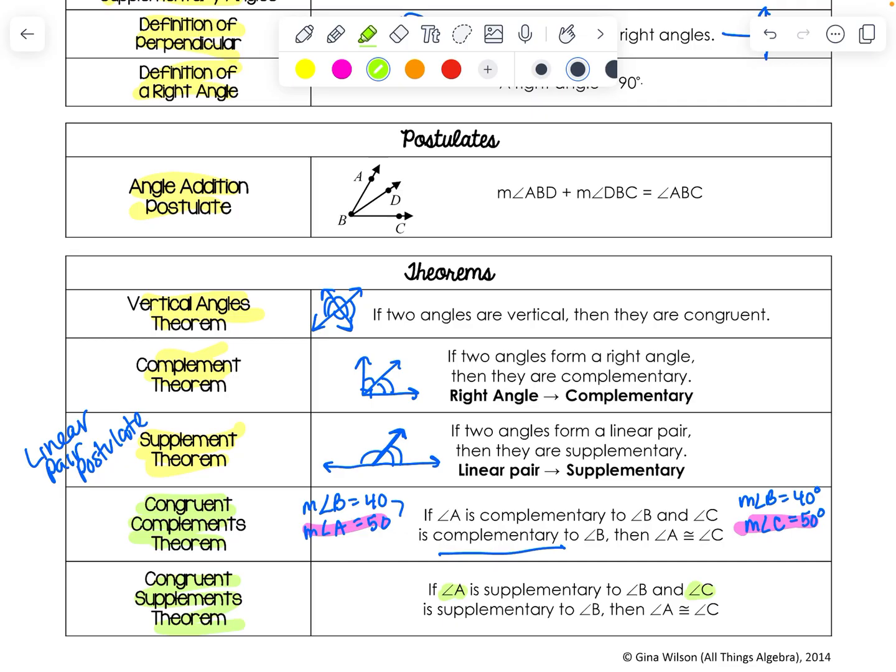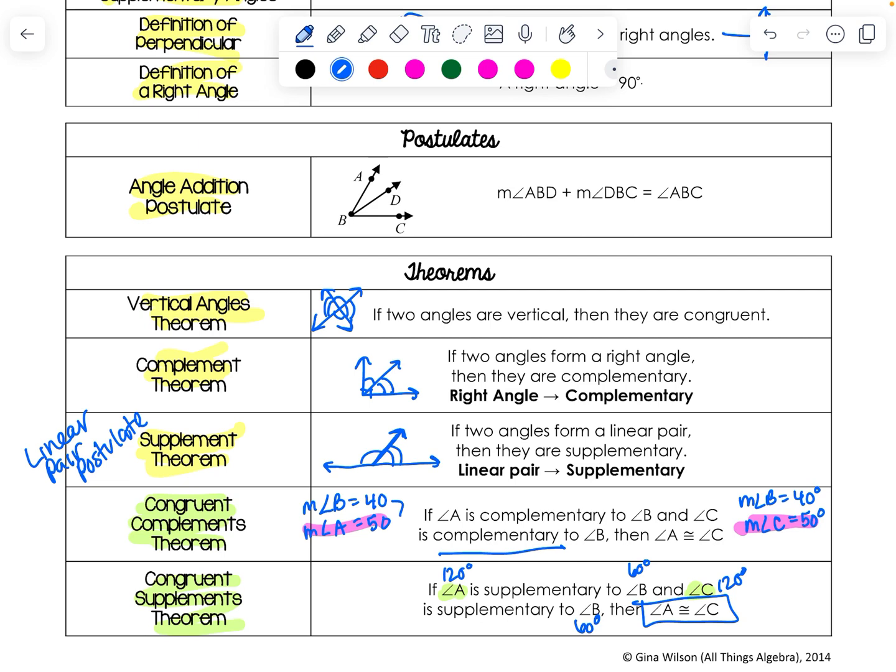You can make up some values again. You can say A is 120 degrees, which means B would have to be 60. So if B is 60 degrees, C also has to be 120 degrees, making them congruent. Again, some things that probably seem intuitive, and now we have these specific names for them.